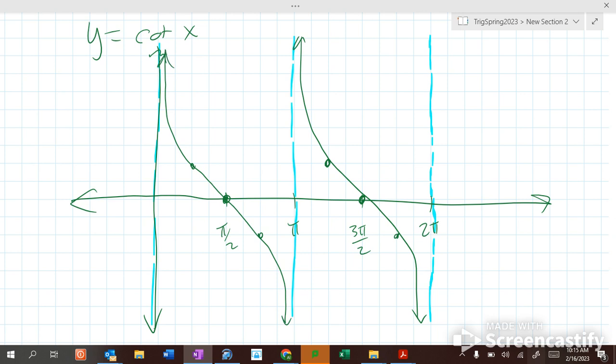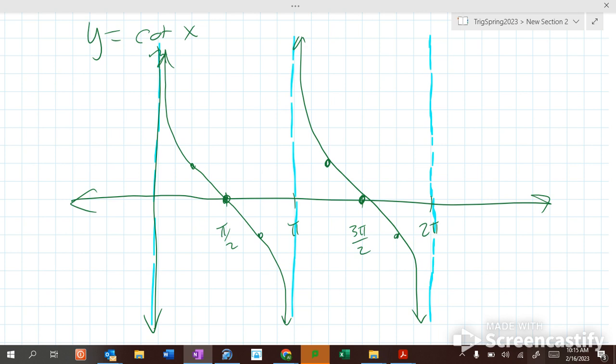Okay, now, the great thing about graphing these 6 problems first is that the next 3 problems are just offshoots of secant, cosecant, and cotangent and tangent. They're just offshoots of that. So basically what you do is you look at these graphs and just slide them right, left, up, down, whatever you need to do.